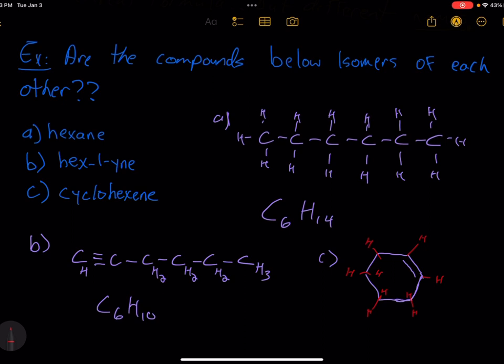And so, again, writing the formula, I see that it's C6. And then when I count the H's, I have 1, 2, 3, 4, 5, 6, 7, 8, 9. And then this one should also be 10 here. So C6H10.